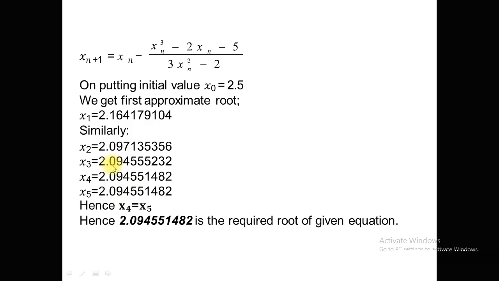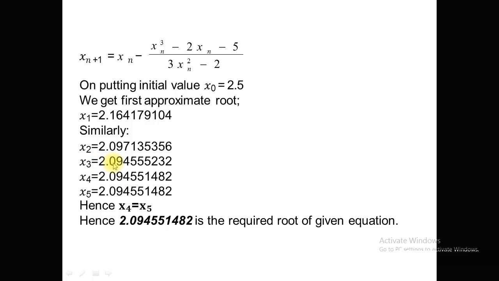So similarly in the third root 2.09455. Correct to 4 decimal places means if in 2 successive roots after the decimal the 4 digits are repeated, then this will be the approximate root of the given nonlinear equation.